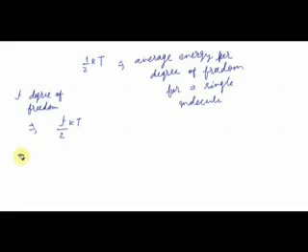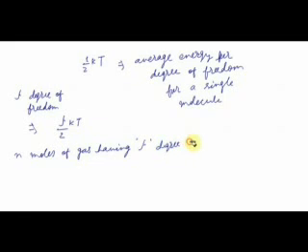The average kinetic energy for n moles of gas having f degrees of freedom would be f by 2 into kT into n into capital N, where capital N is Avogadro constant and n is the number of moles of gas.